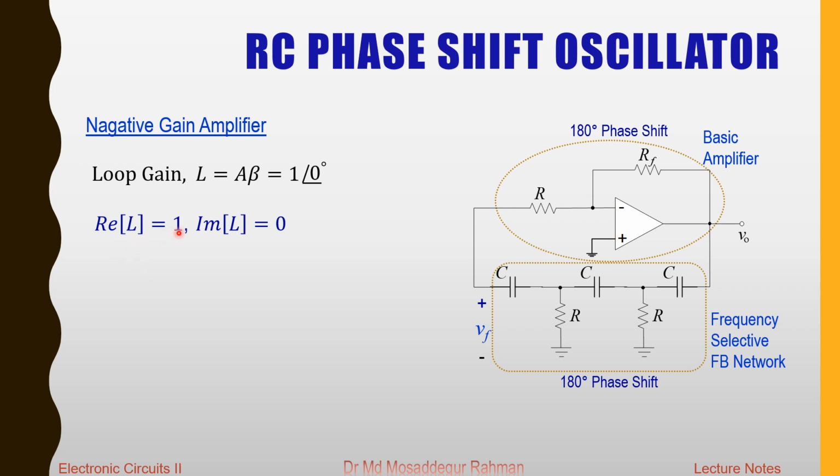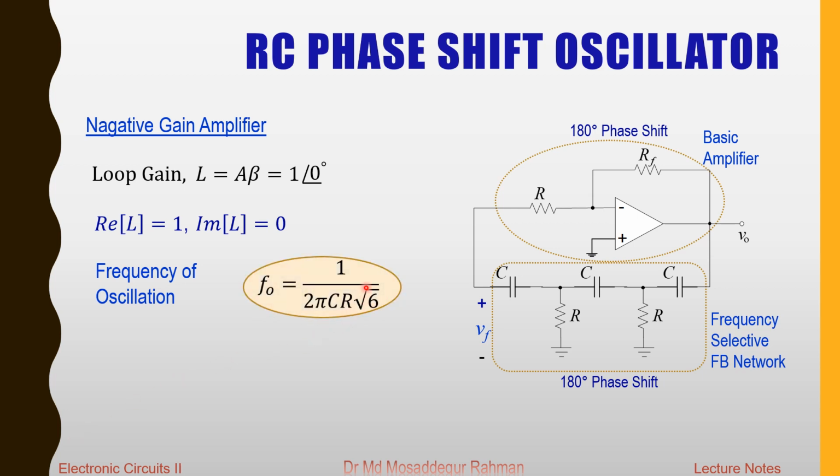So these are the conditions that you impose on the loop gain, as we have done for the Wien bridge oscillator. First start with the imaginary part, equating the imaginary part to 0, and that will give you the frequency of oscillation. And in this case, the frequency of oscillation that we will get will be this. So slightly different.